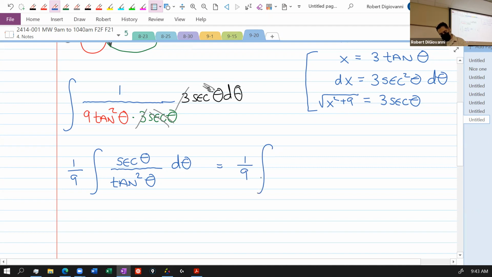I'm going to rewrite the top as 1 over cosine theta. I'm going to rewrite the bottom as tangent is sine squared theta over cosine squared theta. And then I'm just going to divide a fraction by another fraction, so I'm just going to flip it and multiply.